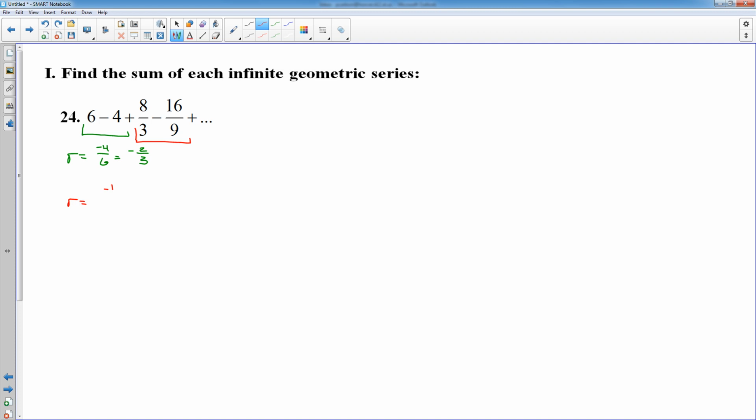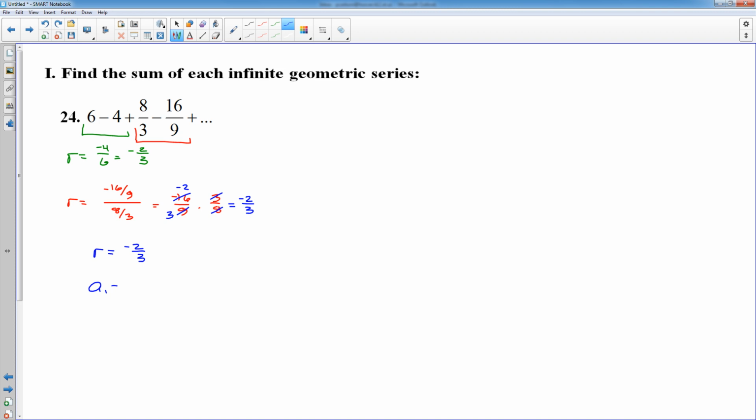That'll be -16 over 9 divided by -8/3, which you would flip and multiply, so -16 over 9 times 3 over 8. Let's see, I can cancel that. 3 goes into 9 3 times. 8 goes into -16 -2 times. And everything canceled except the -2 and the 3. That's the same ratio I got up there. So I know my ratio is -2/3.